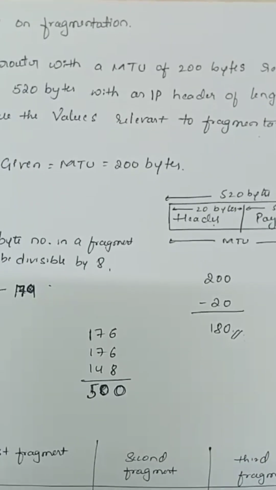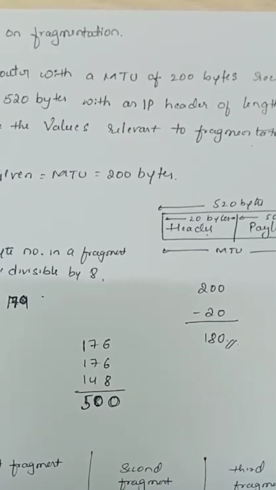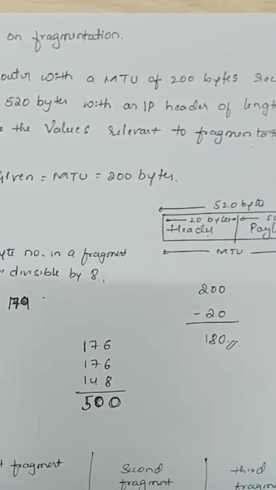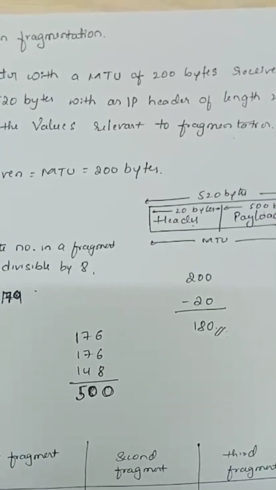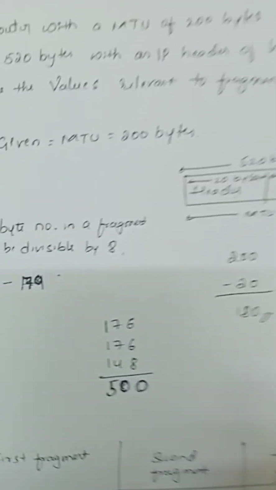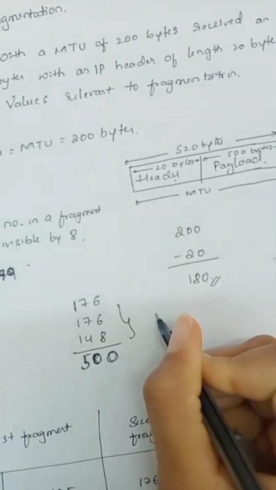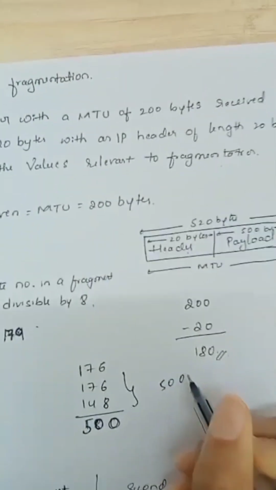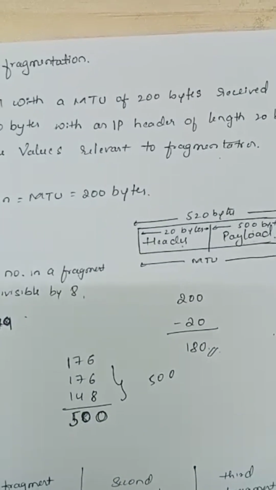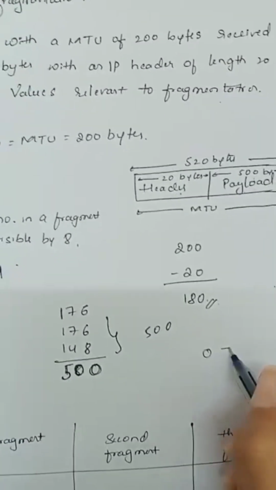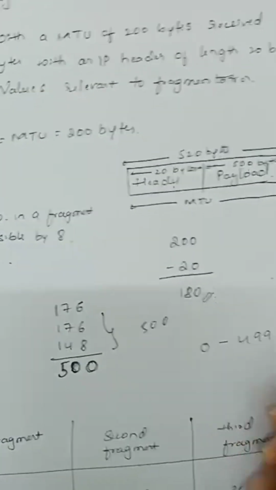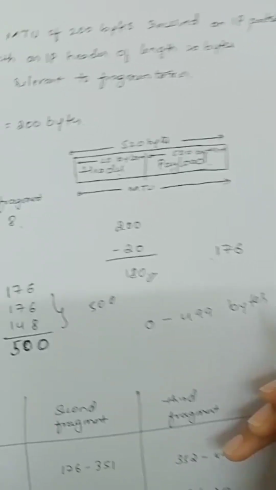Once you have arrived at the sizes, it is easy to write the remaining values related to the fragmentation. The original IP datagram for all the 3 is 500 bytes, so the original datagram has a range of 0 to 499 bytes, right?